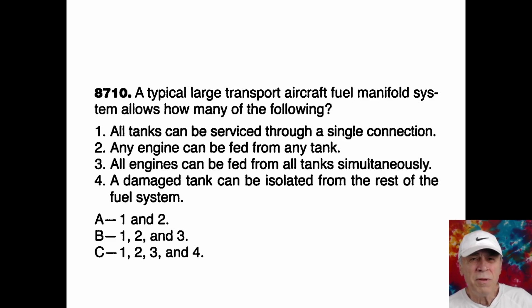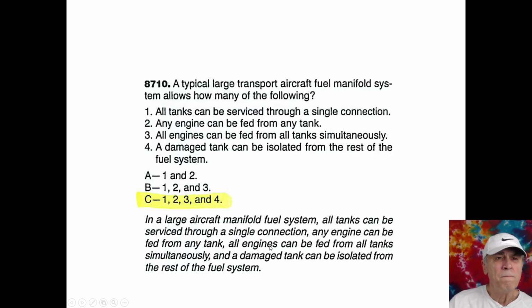All engines can be fed from all tanks simultaneously. That was also on the list. So far it's going to be 3 or 4. And 4, a damaged tank can be isolated from the rest of the fuel system. So basically, it just read down the requirements of CFR 43. So 1, 2, 3, and 4.